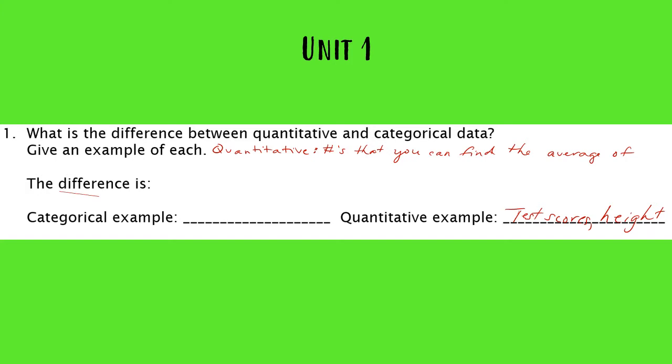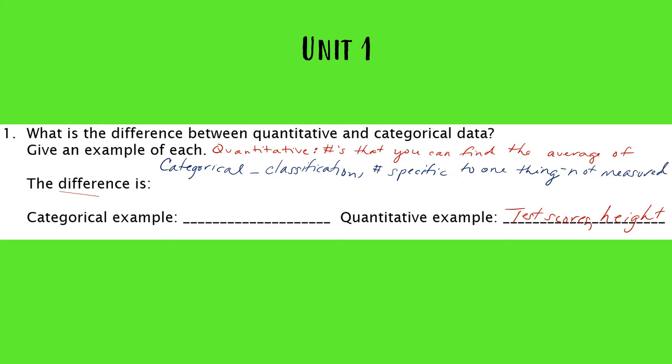Okay, so categorical data, let me write this down. Categorical data is like a classification or a number that's specific to one thing. It can't be measured.